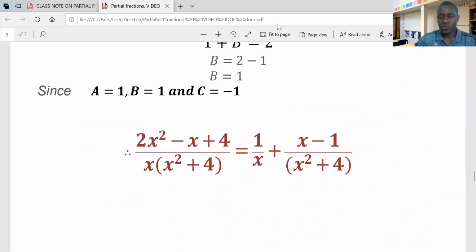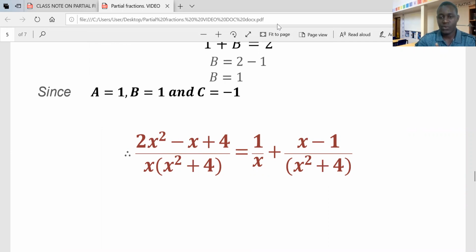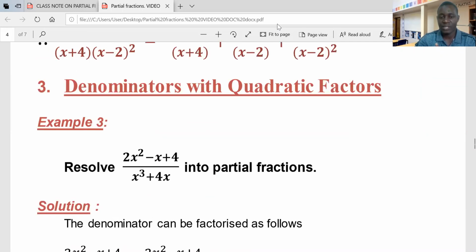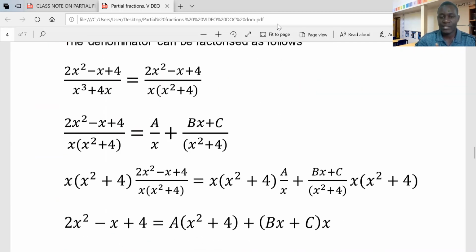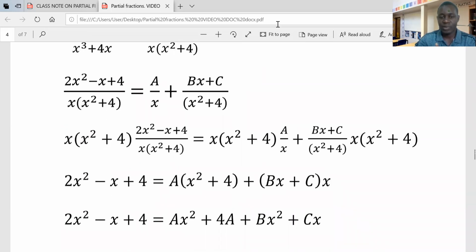So a is 1, b is 1, and c is minus 1. Therefore, our partial fraction will be in this manner. If you go back and look at what we have in the beginning, we split it in this form: a over x plus (bx plus c) over (x squared plus 4). So all we need to do is to substitute the values for a, b, and c.